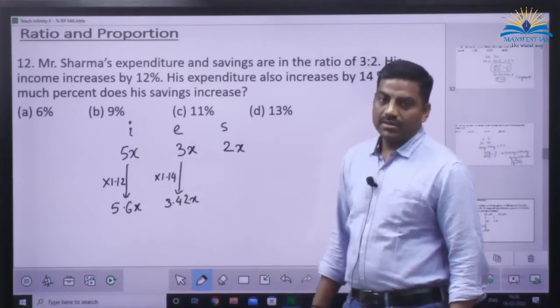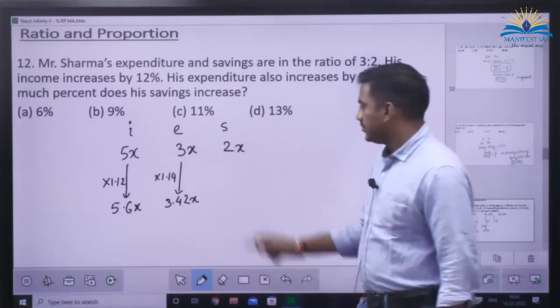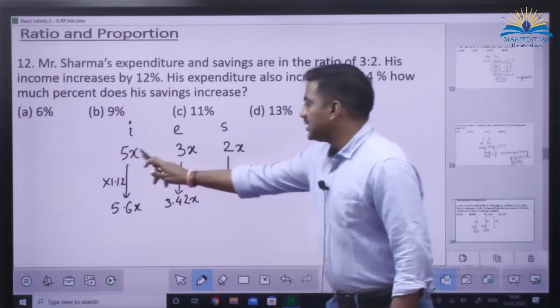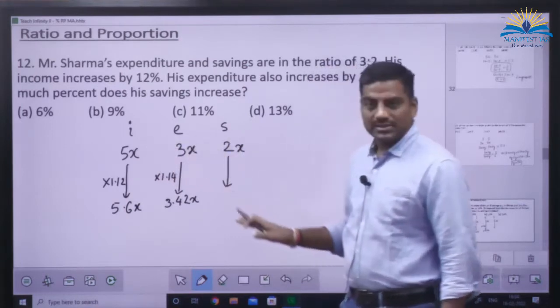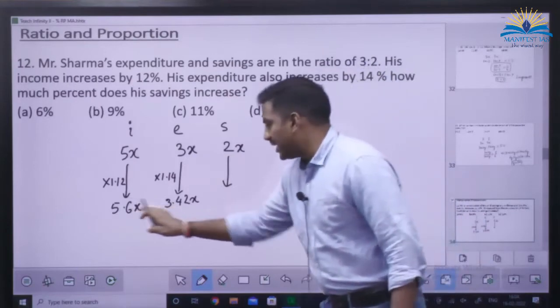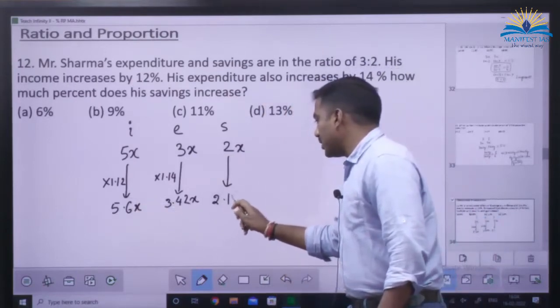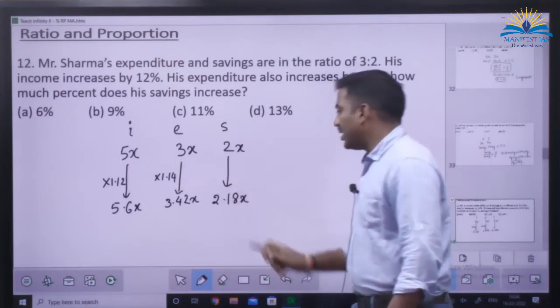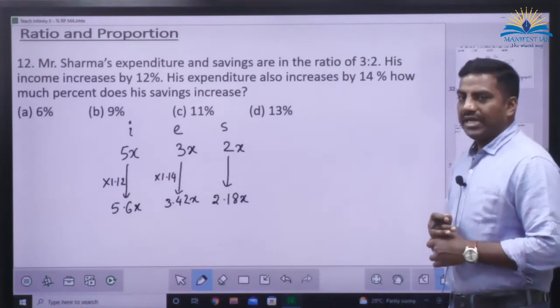What would be the new savings? This is equal to this plus this, or this is equal to this minus this. So what we will get? 2.18x.